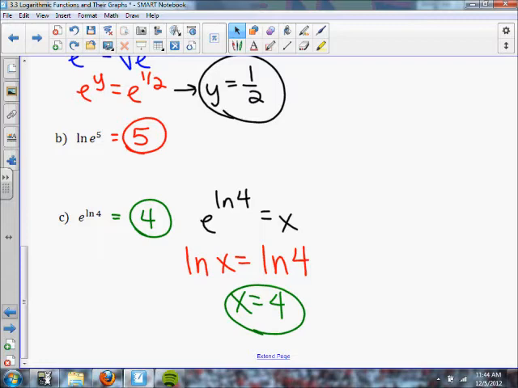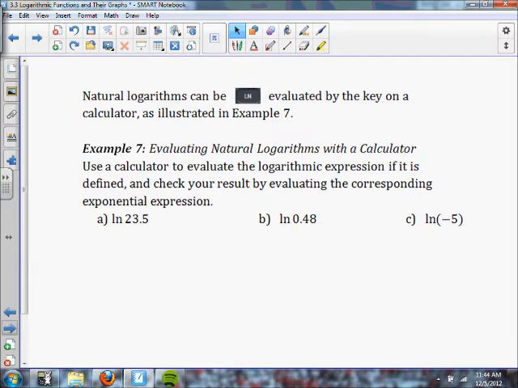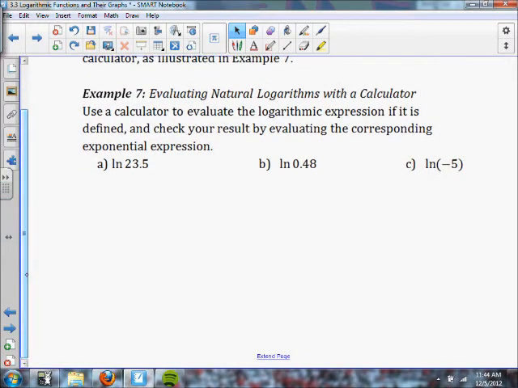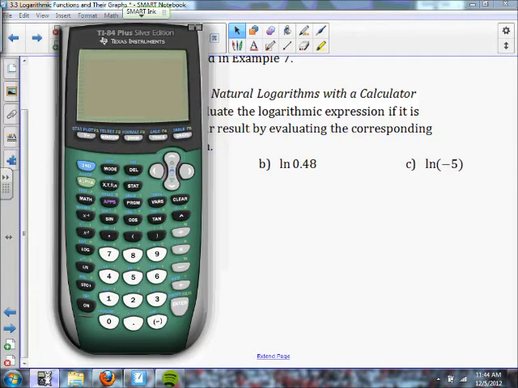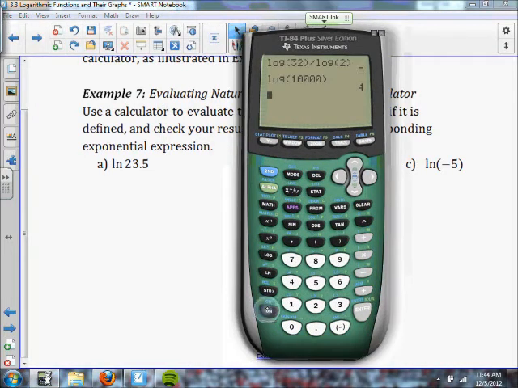Okay. Looking at example 7. Natural logs can be evaluated by the ln key on a calculator, as illustrated in example 7. Now use a calculator to evaluate the logarithmic expression if it is defined, and check your result by evaluating the corresponding exponential expression. Okay? So again, ln of 23.5.